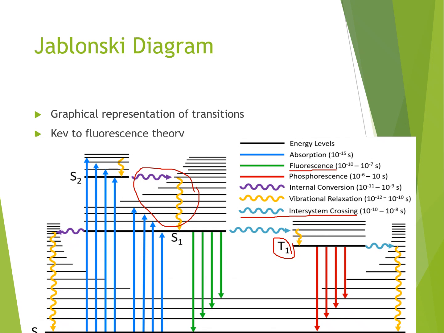Then the phosphorescence process takes place. Because there are different states, triplet and singlet systems, there is a difference in systems, so the phosphorescence process takes much more time to appear as compared to the fluorescence process.